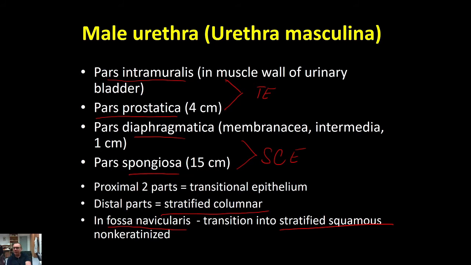So we can find 3 types of epithelium in the urethra: transitional epithelium, stratified columnar epithelium, and stratified squamous non-keratinized epithelium.